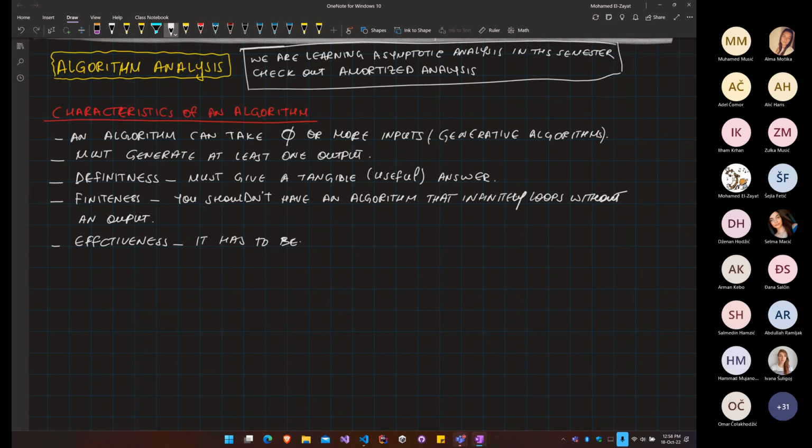It has to be effective such that it can be useful or used. Okay, so these are the actual characteristics of an algorithm.